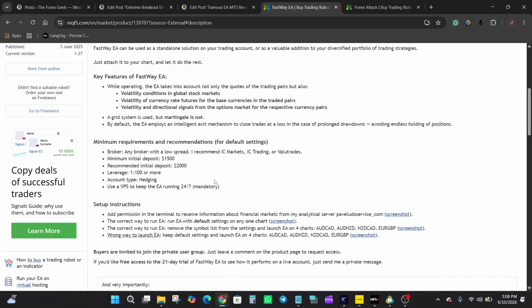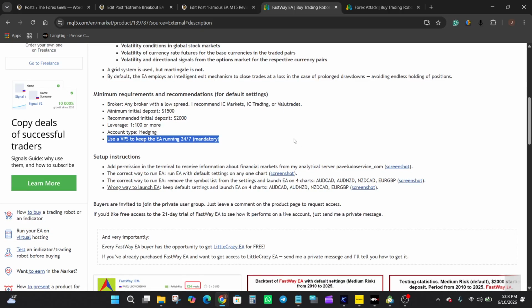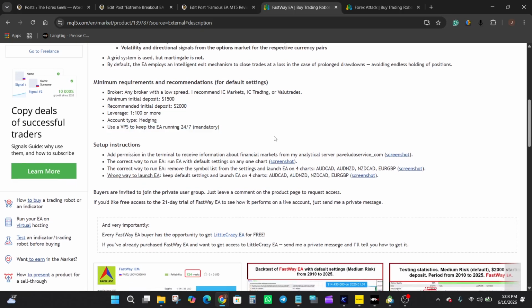They also recommend strongly running it on a VPS so it stays active 24/7. They also outline a specific setup process, including attaching the EA to charts and using specific pairs like AUDCAD, AUDNZD, NZDCAD, and EURGBP, depending on configuration.